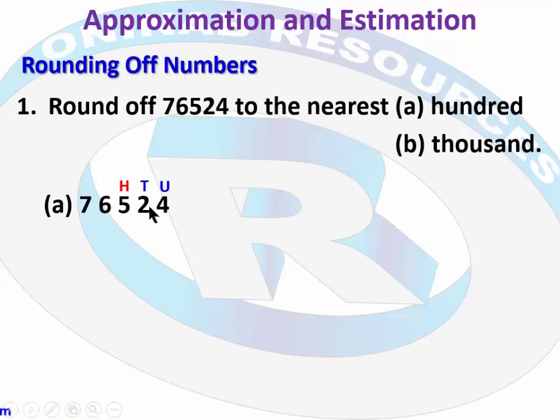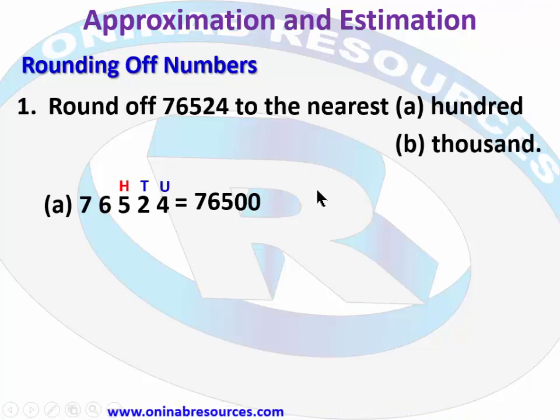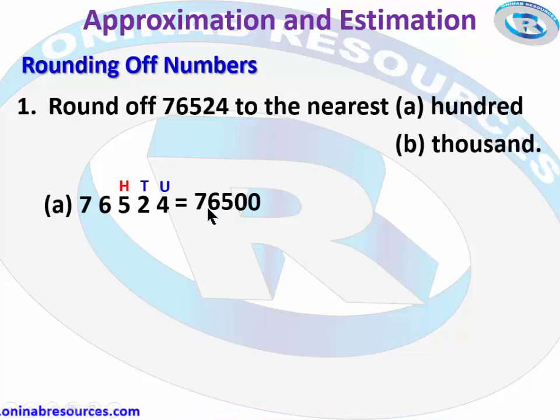Thereafter we return the other two digits as zeros, so that we now have 76,500. After 500, there's no other number, which means we have rounded off the number to the nearest 100.